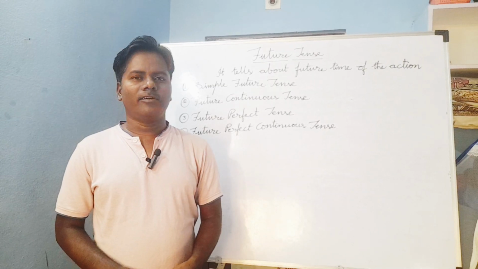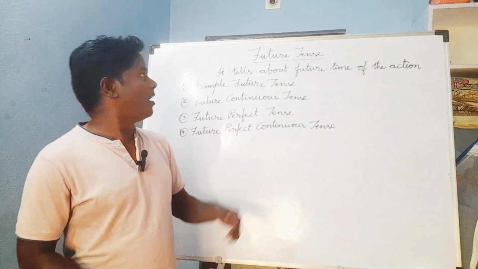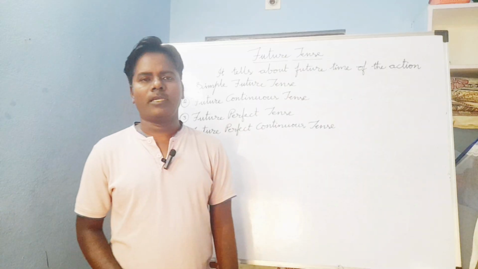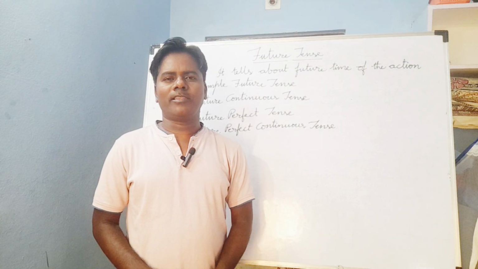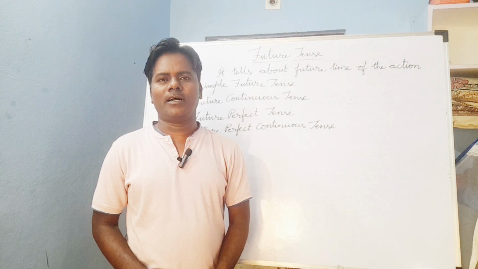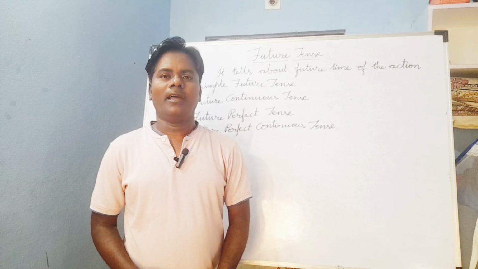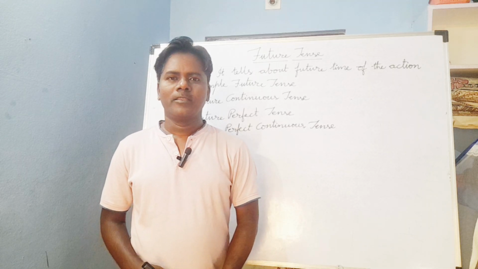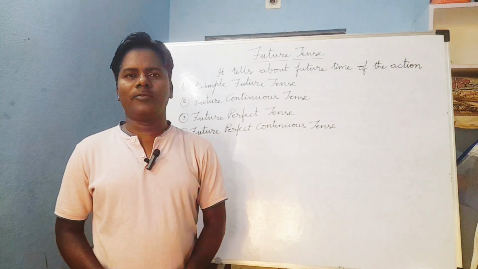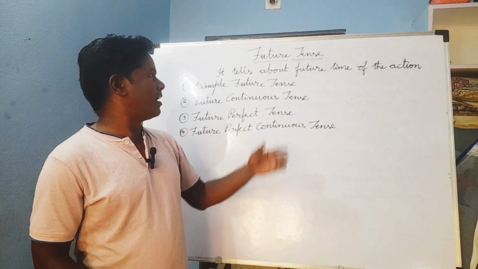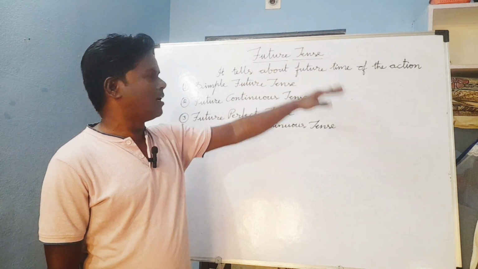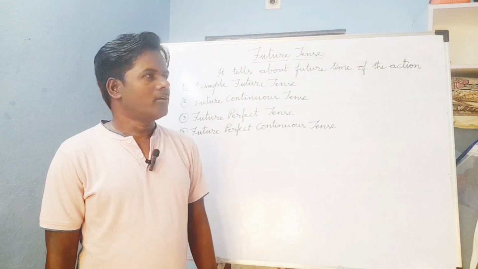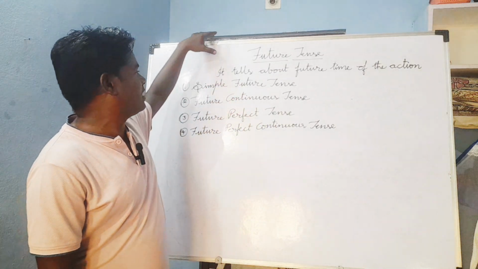So in this video I'm going to explain about future tense. In my previous videos I explained about present tense and past tense and their subtenses. So here in this video we are going to learn about future tense. What does it tell about?